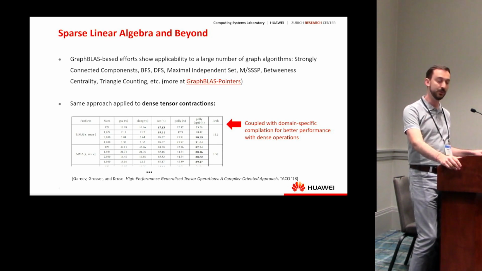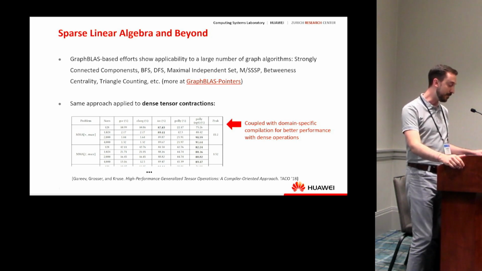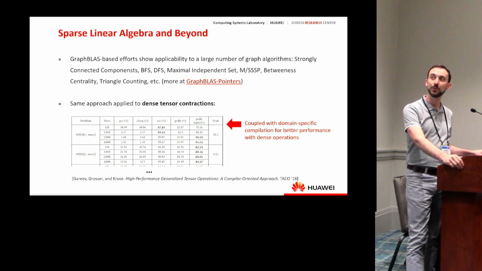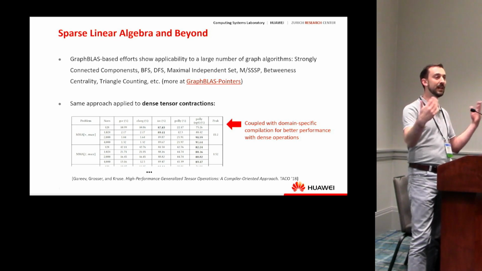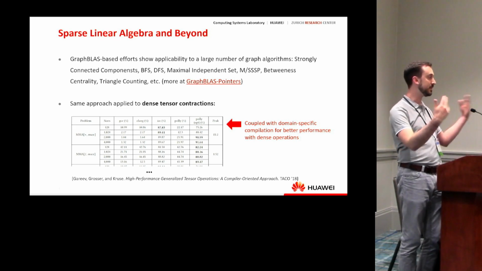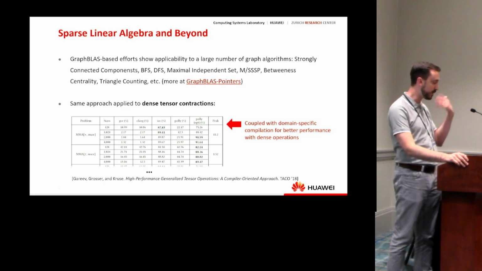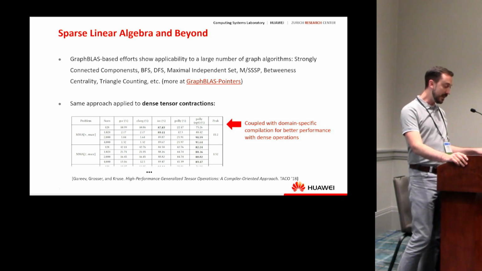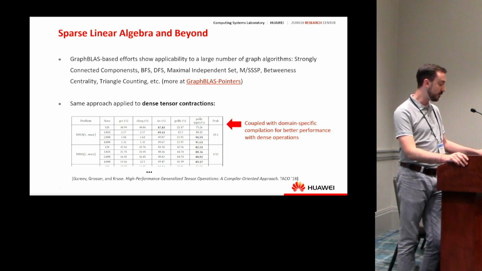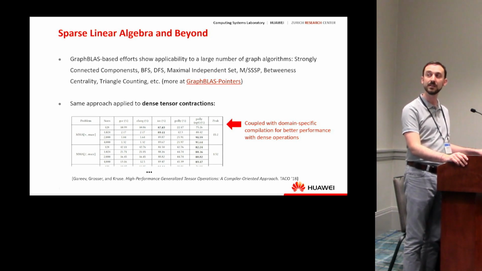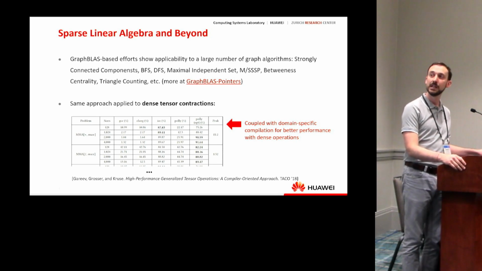Okay, so here I'm pointing to the GraphBLAS pointers, which is a web page on the GraphBLAS.org website, where they try to collect a lot of algorithms where this concept was applied and the algorithms were expressed using GraphBLAS. But also the very same concept was applied to dense tensor containers, in the case of dense tensor contraction operations.